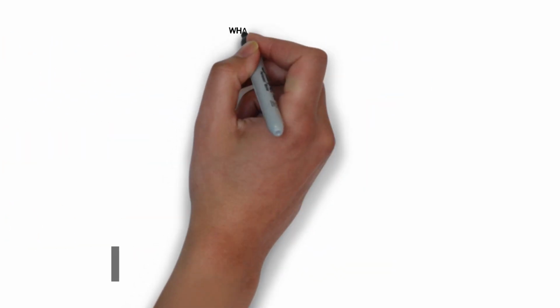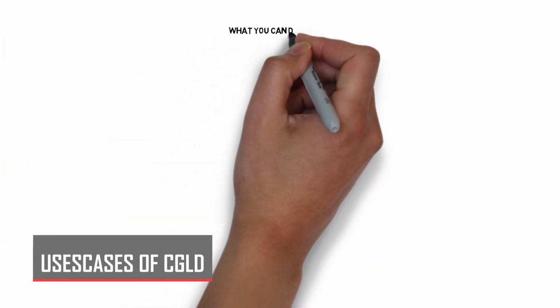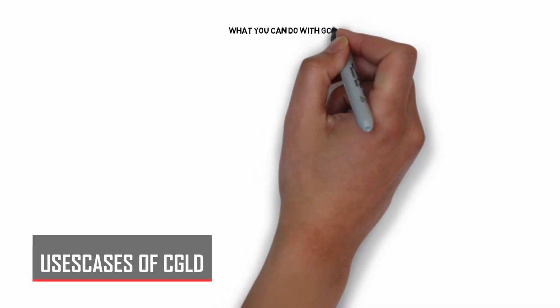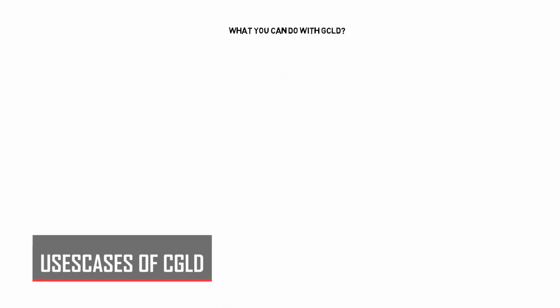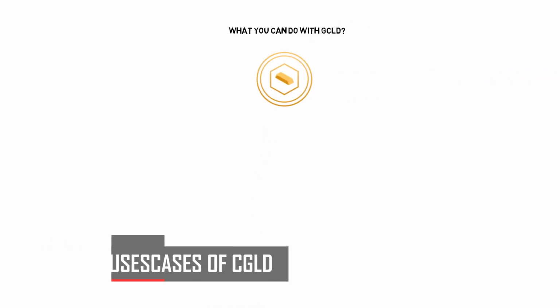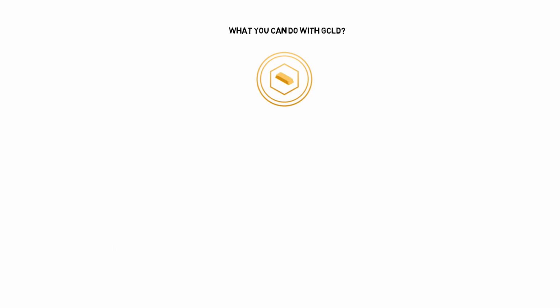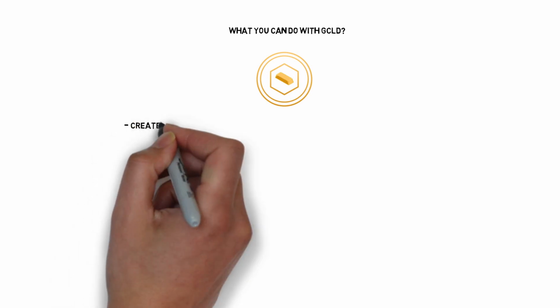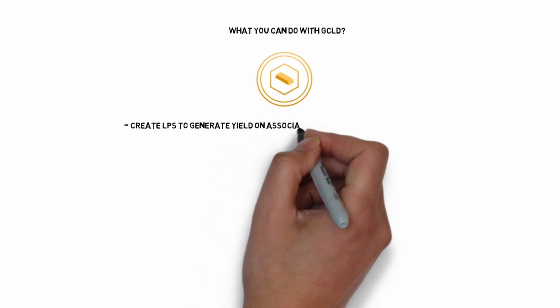Now, let's talk about what you can do once you get hold of this C Gold token. I already explained to you how you can use the C Gold token on the RBDEX exchange to earn a yield.